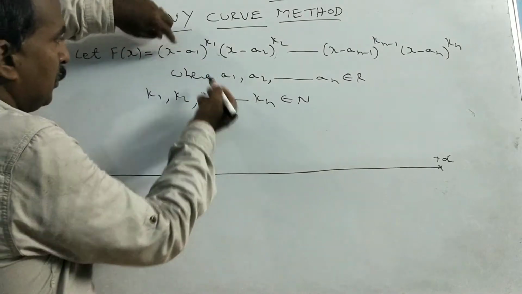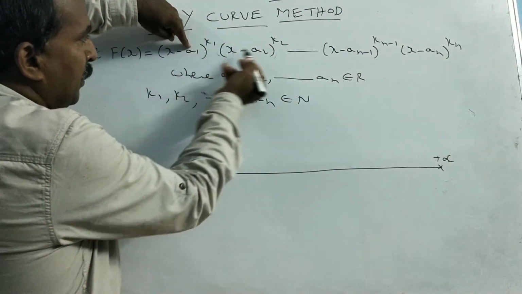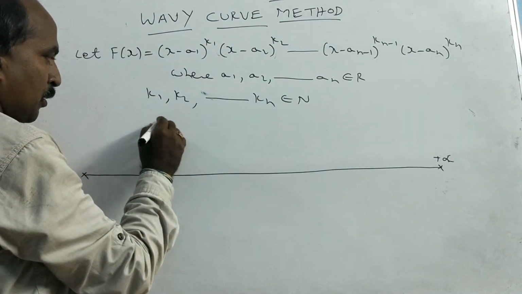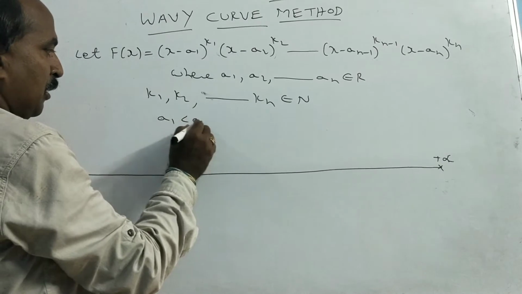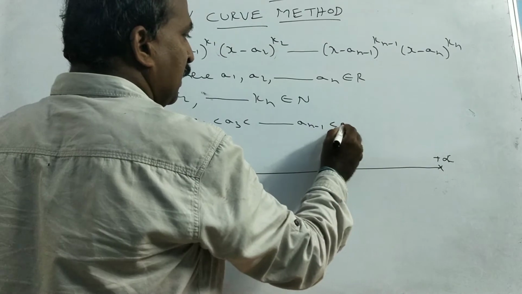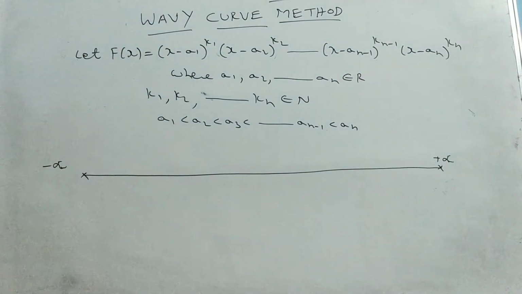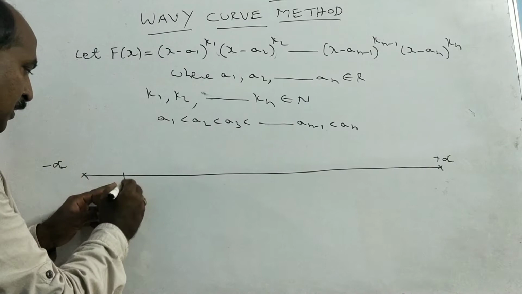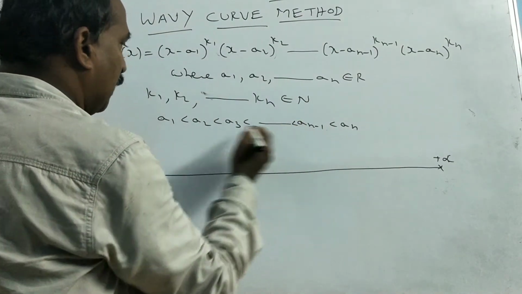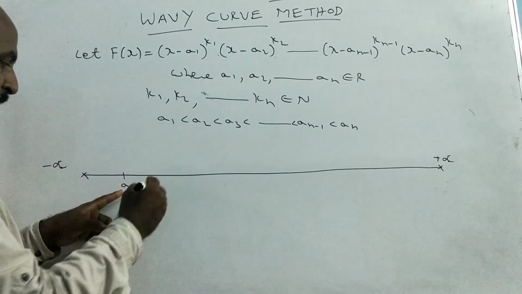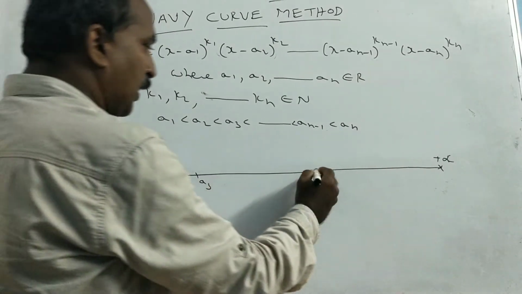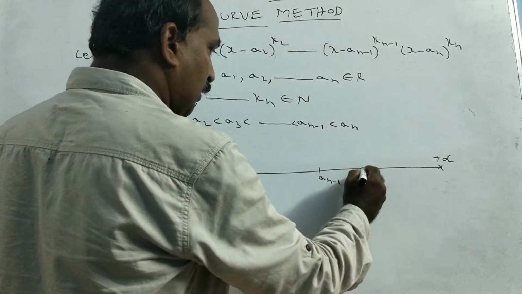Suppose these real numbers a1, a2, an minus 1, an are in ascending order: a1 less than a2 less than a3, and so on, an minus 1 less than an. Put a1 here, the least number among all these real numbers. Next, put a2, a3, so on, an minus 1 and an.